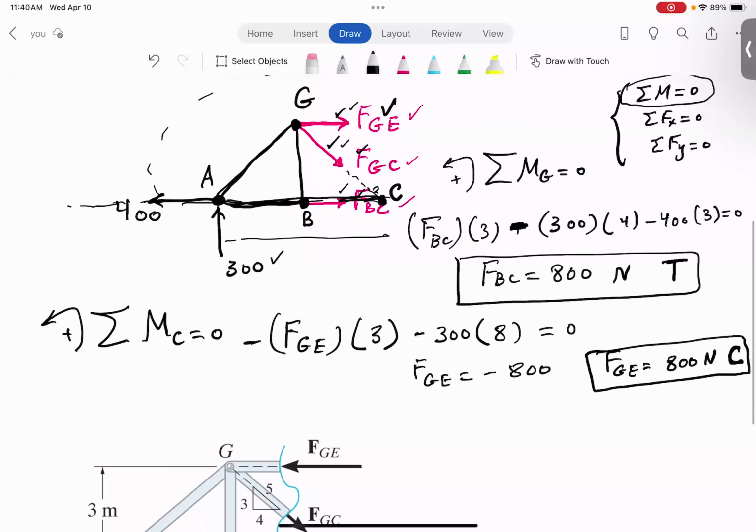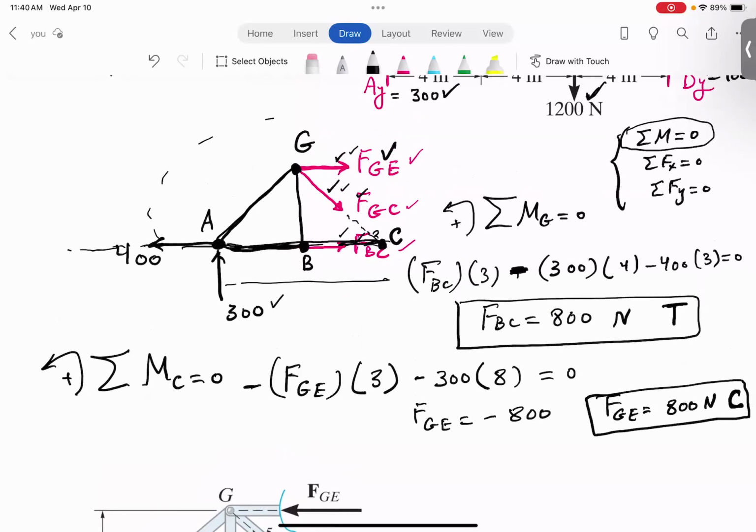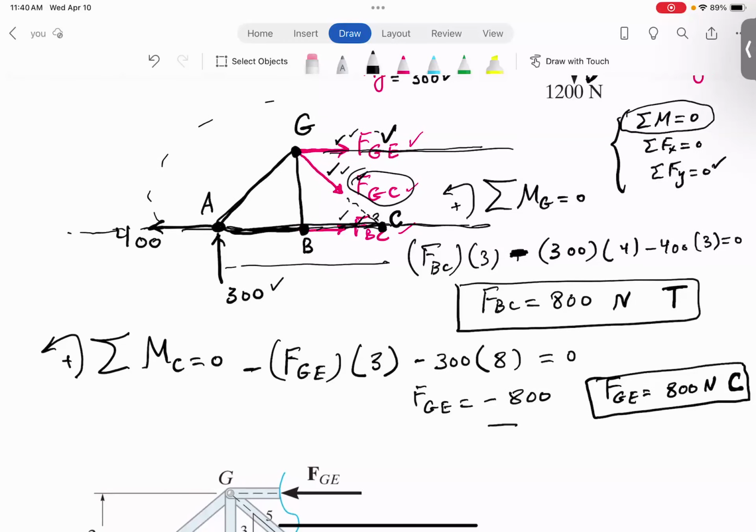All right, and then finally, we don't have the luxury of taking a moment about the point, because remember that we haven't figured out its value, the internal force in GC. We could go ahead and use the sum of the forces in y equals 0, which is more efficient to use.